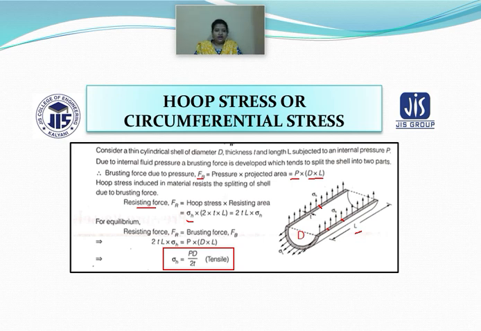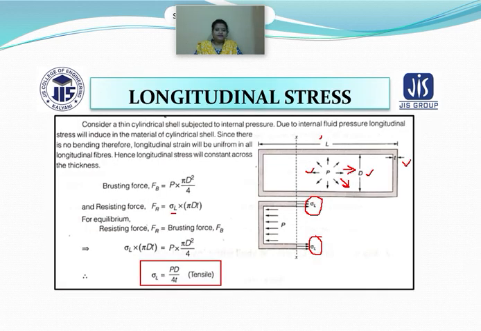And if I have a look at the longitudinal stress, this is a cylindrical cell subjected to some internal fluid pressure. The diameter has been considered as capital D, the length of the cylinder as capital L, and the thickness as small t.